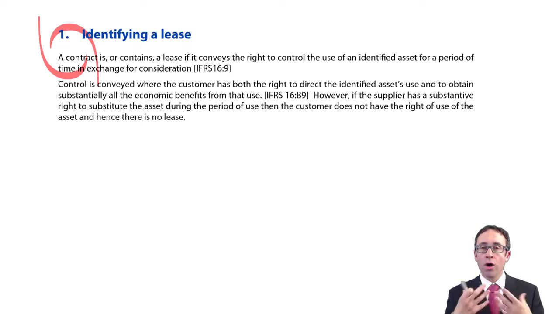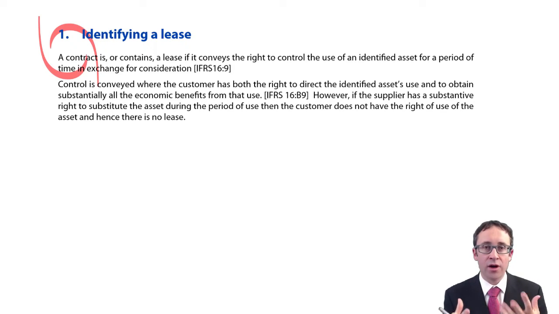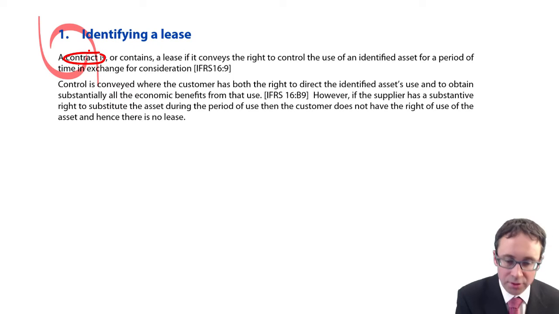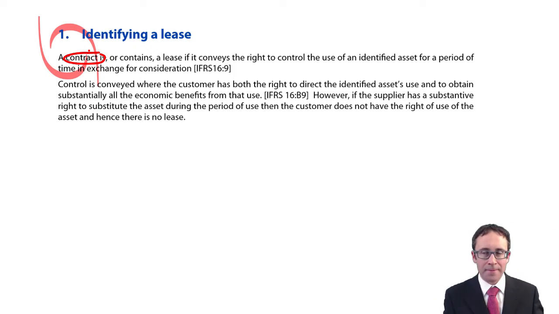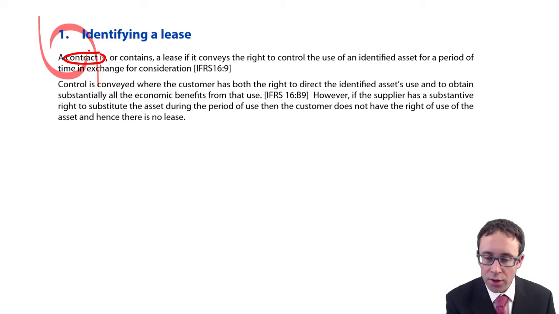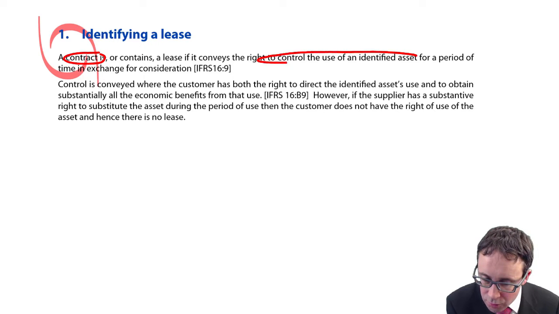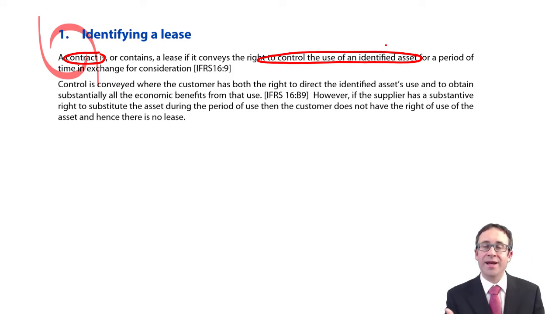Okay, so if there is a lease, first of all, there needs to be a contract. A contract between the two parties, is it A and B? But it's what that contract gives right to. You see the word control the use of an asset.